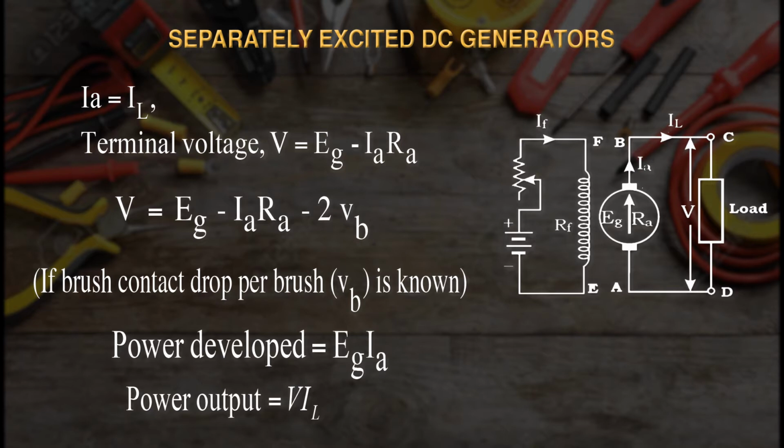What is the voltage across the load? That is V, the terminal voltage, and the current is the same, that means the load current IL is IA. So you can say the power output is equal to V multiplied by the load current IL, or you can also write power output is equal to voltage multiplied by armature current.